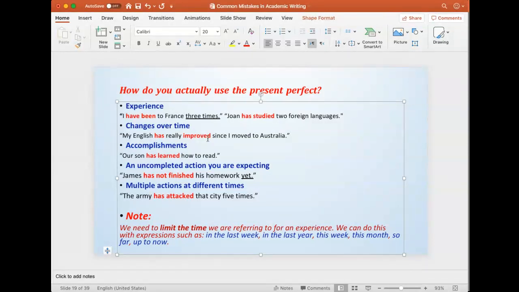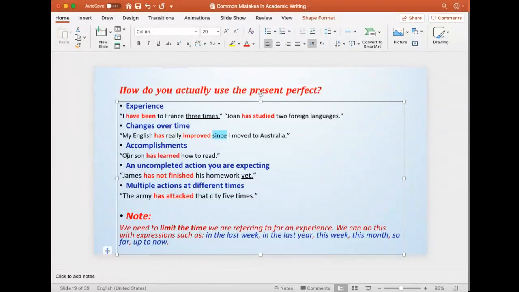Changes over time: my English has really improved since I moved to Australia. So since here is also used with the present perfect to mention when I started doing a certain thing, or when certain things started modifying or changing.